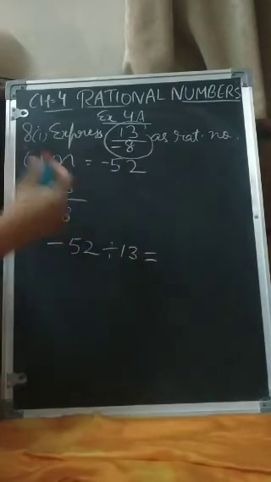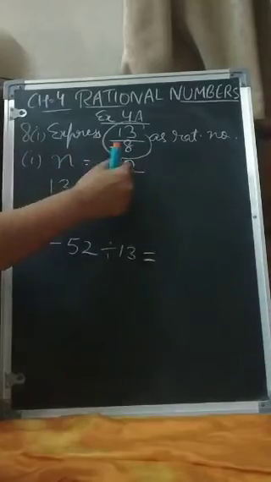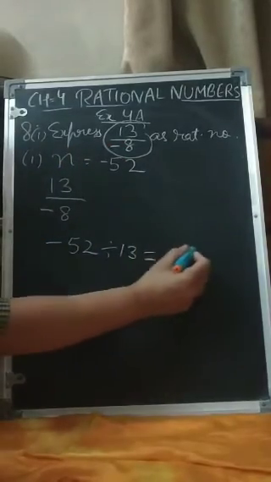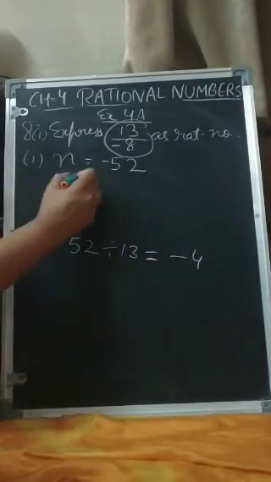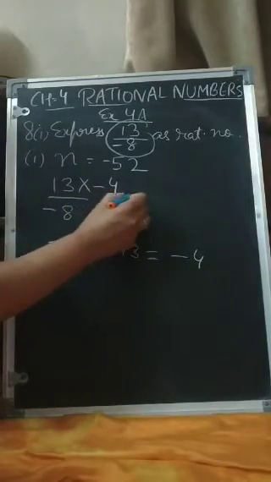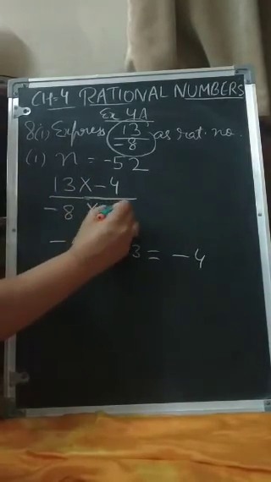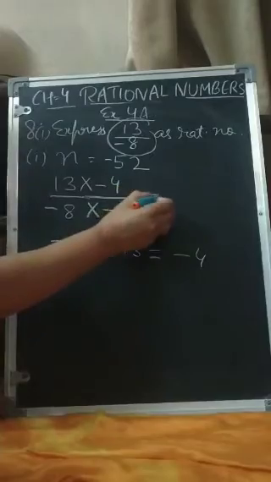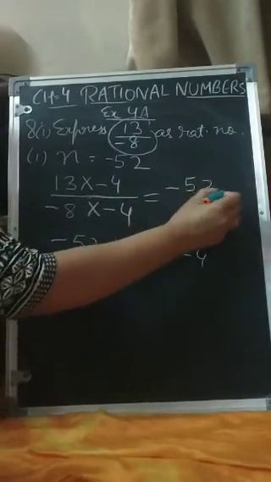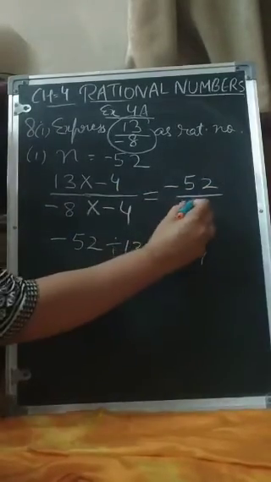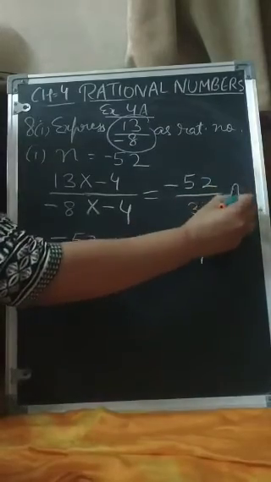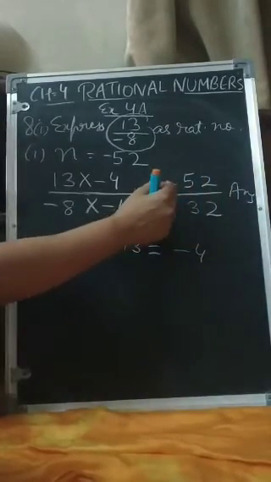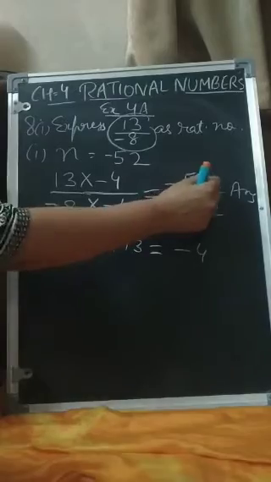To check which number we should multiply, we divide these both, and what will come? Minus 4. That means if we multiply this with minus 4, we should multiply the denominator also. It will come minus 52 over plus 32. This is our answer, and here you can see we have got numerator minus 52.